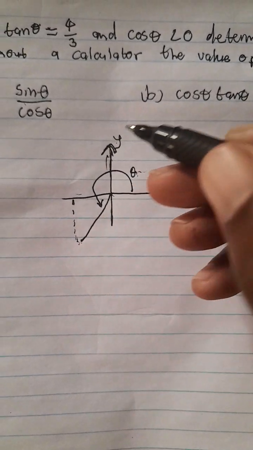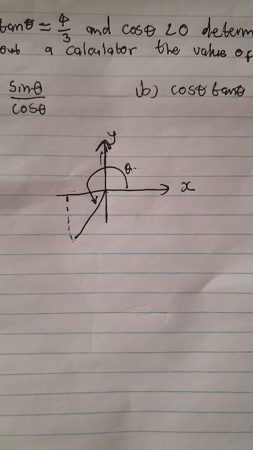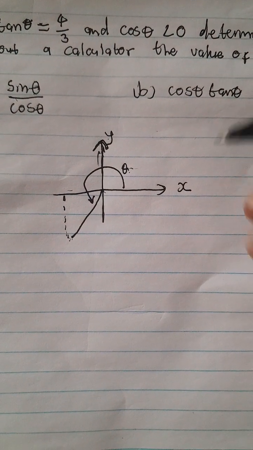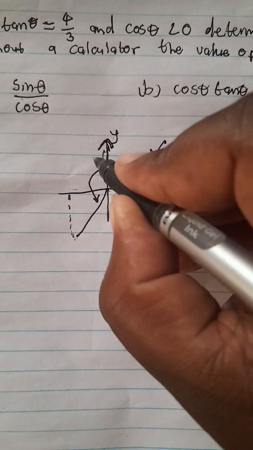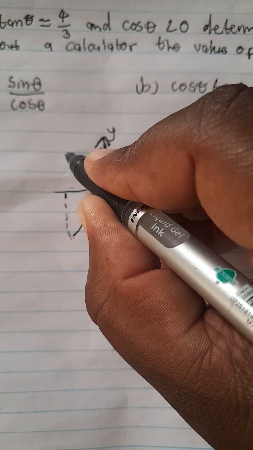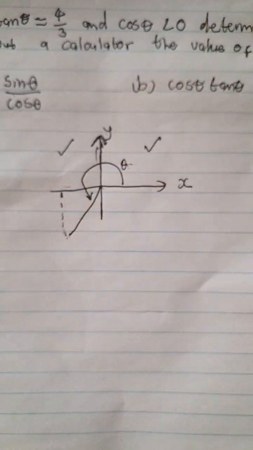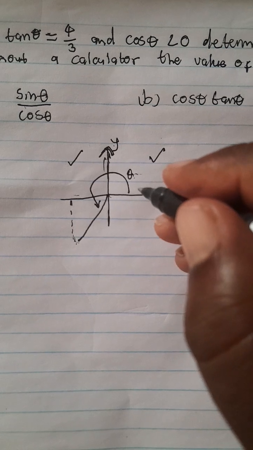Use a ruler and yours will be accurate. Remember, tan is positive in the first quadrant, but cos is negative in the second quadrant, right? I'm putting ticks now.